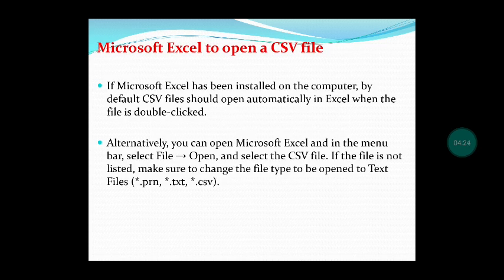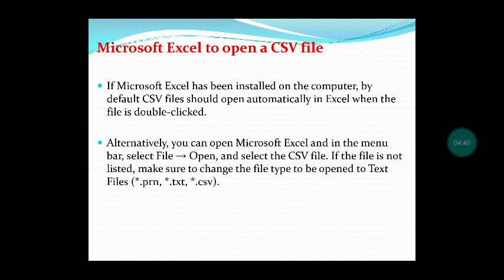Next, how to open a CSV file in Microsoft Excel. First, you have to install Microsoft Excel on a computer. If Microsoft Excel is there, the CSV file will be opened automatically if you double click on it.